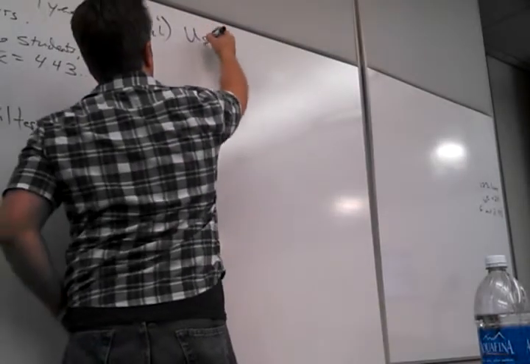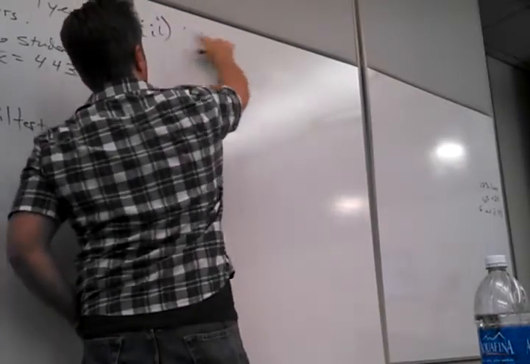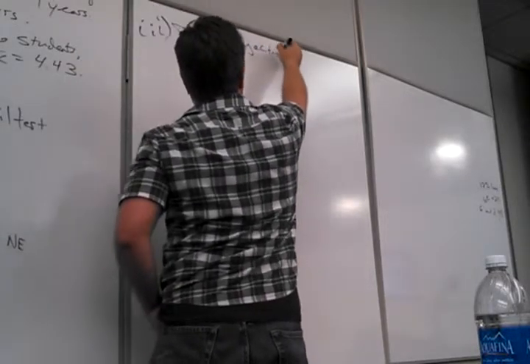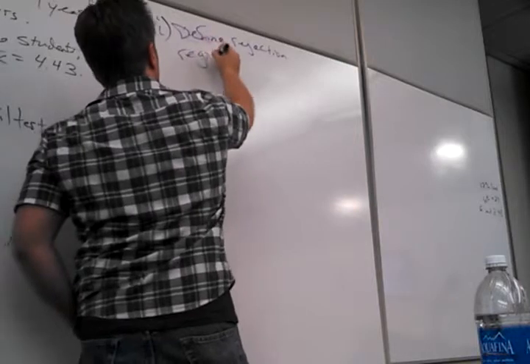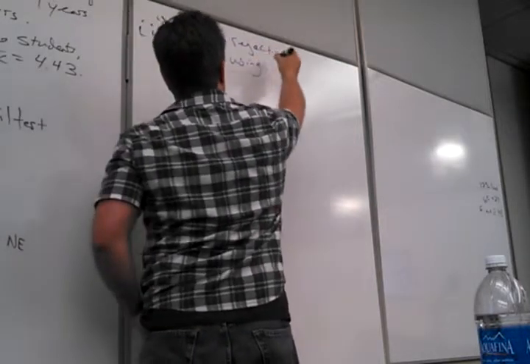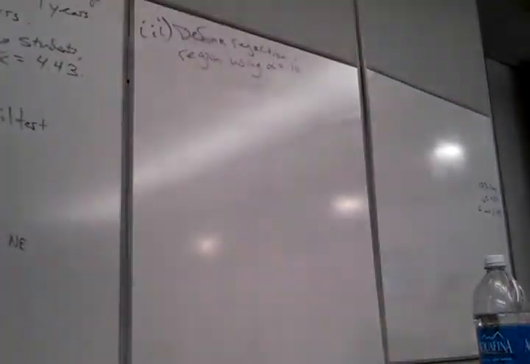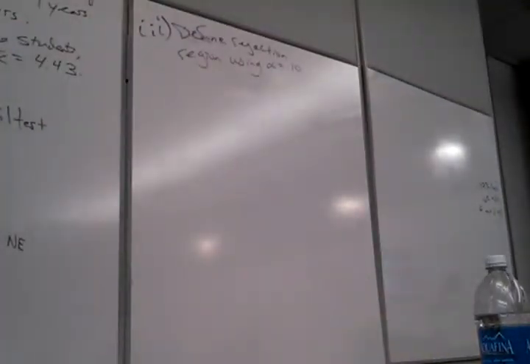Okay. Step 3. Define rejection region using alpha equal to 0.10. So how many tail tests was this again?